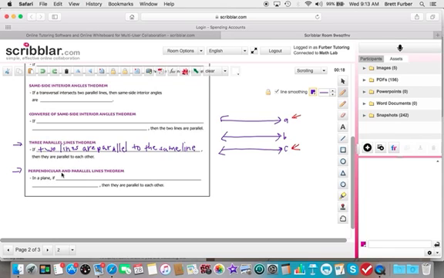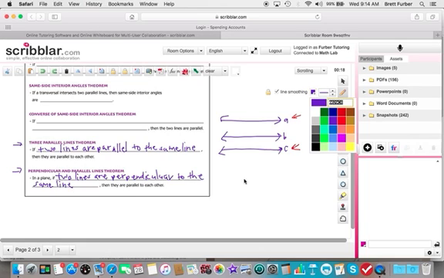In a plane, if two lines are perpendicular to the same line, then they are parallel to each other. Okay, so I'm going to draw a line, and I'm then going to draw two other lines that are perpendicular to that line.